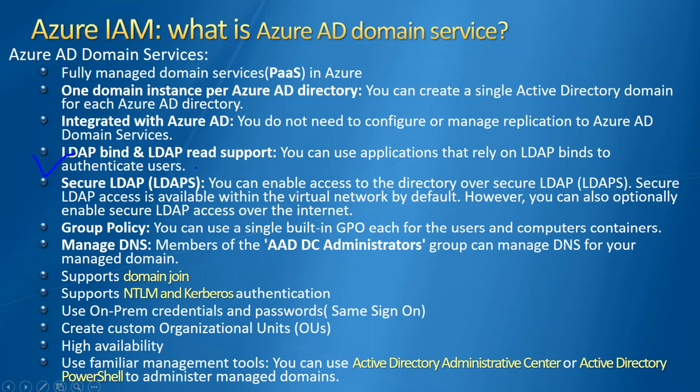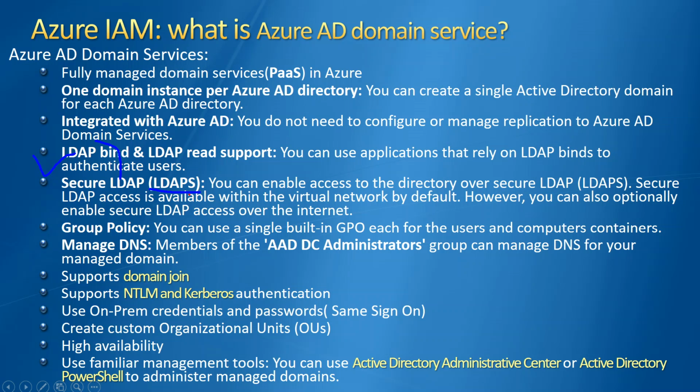It also supports LDAPS. Most of the time, if you have noticed, LDAPS is the secure version of the LDAP protocol. So LDAP works on port 389 and LDAPS works on port 636, right?